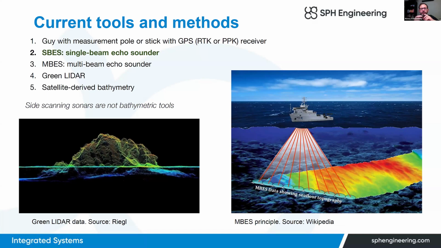So we can measure not just the bottom, but also the depth to the sediments and to the hard bottom. The next technology is green LiDAR. It's a technology that was developed for airborne use. It's a variety or modification of scanning LiDARs.